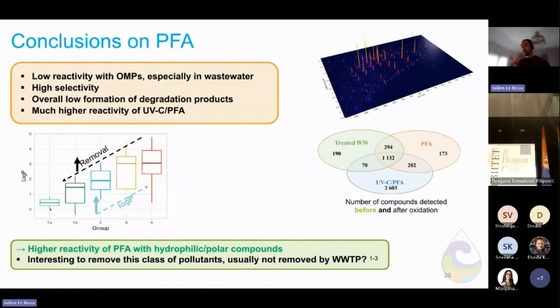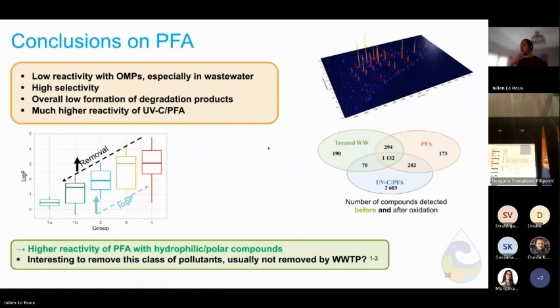It's interesting because, as I said in the beginning, molecules that are removed in the wastewater plants are usually the most hydrophobic because they are sorbed on the sludges. On the contrary, performic acid removes more of the hydrophilic compounds. So it's interesting as a tertiary or advanced treatment of micropollutants because it's complementary to the processes in the wastewater plants.